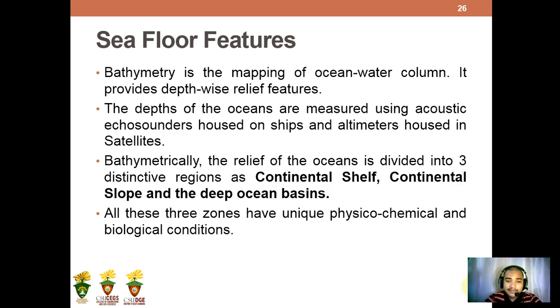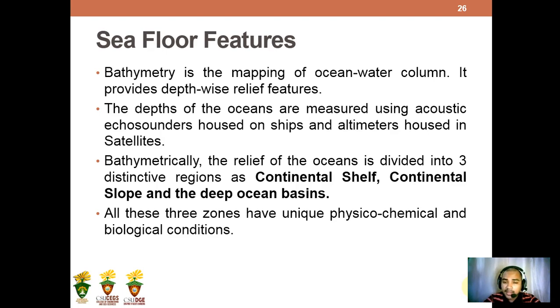And bathymetrically, the relief of the ocean is divided into distinctive regions such as the continental shelf, continental slope, and the deep ocean basins. And all these regions have unique physico-chemical and biological conditions. Okay?